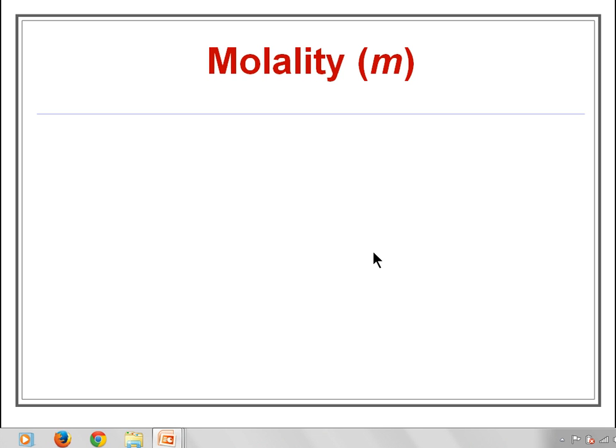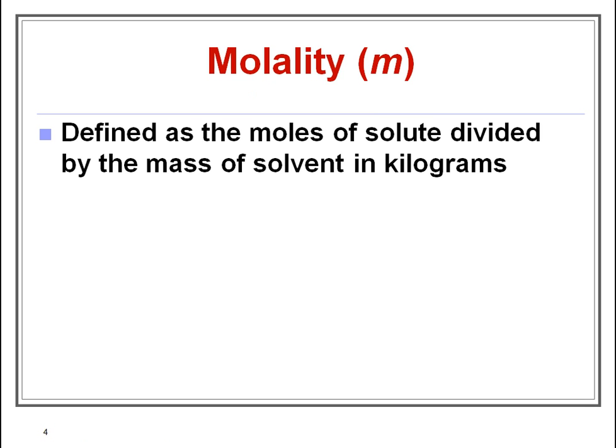This is another video on molality. Molality is another unit to determine the concentration of a solution. By definition, it is the number of moles of solute divided by the mass of solvent in kilograms.